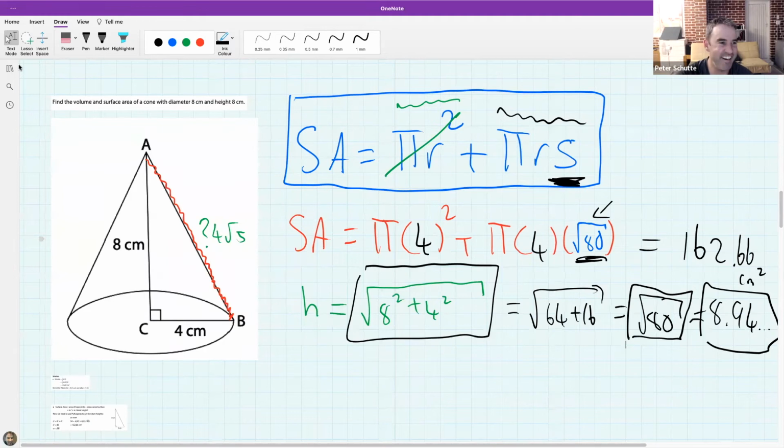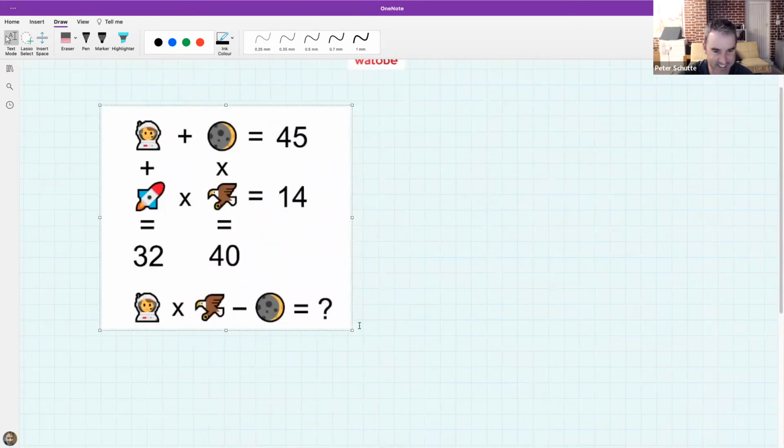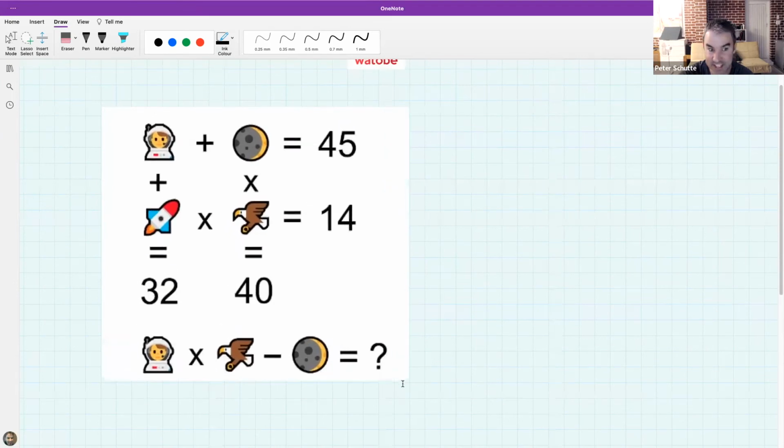Okay. What I want to do is a brain break, but the brain break is a little bit more sneaky today. So I will give you a clue because otherwise it might take a little bit too much time. So the brain break is like before, we're trying to find the missing pieces, but there's multiple ways the equation can be true.